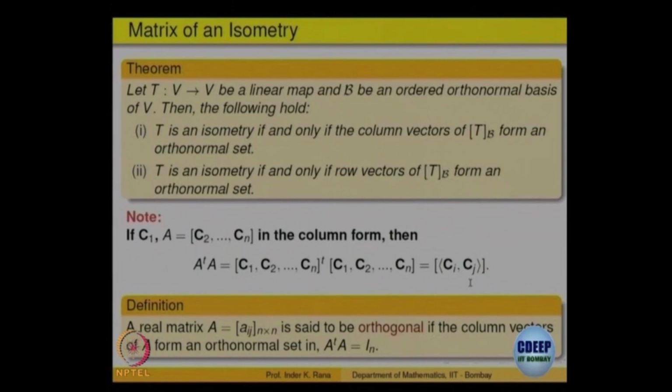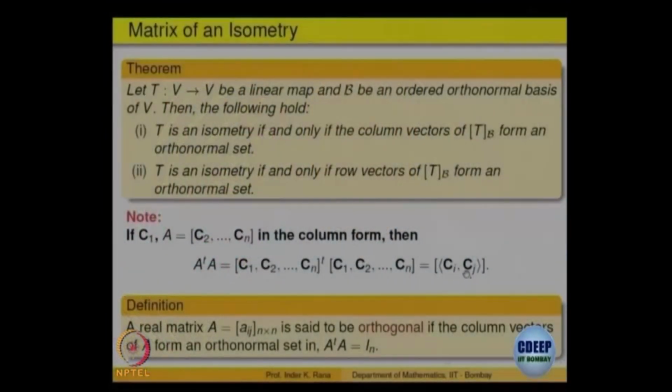Remember what the inner product was in terms of vector notation? The inner product of a and b was a transpose b, multiplication as vectors, so that is a dot product. And if these are orthogonal, what will happen? They will be either 0 or 1 depending on whether i is equal to j or not.